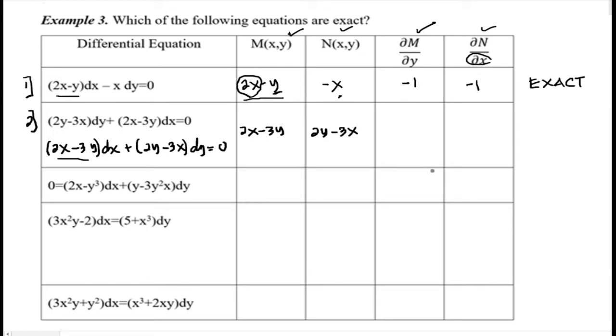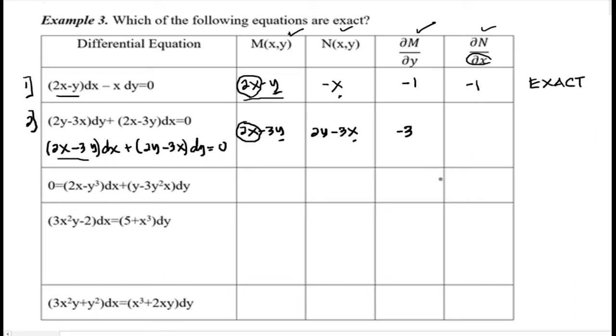Then get now the partial derivative of M with respect to y. Again, y is our variable and x is assumed as constant. So again, this is 0. And the derivative for negative 3y is negative 3. Then, get the partial derivative of N with respect to x.